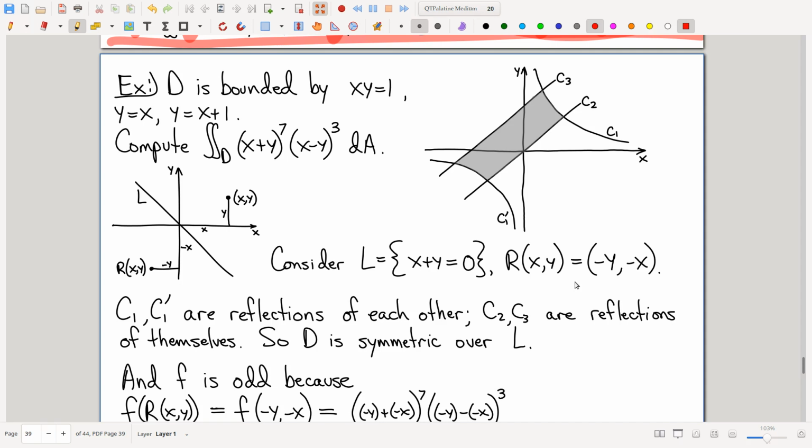On the calendar, the color coding tells you what is fair game. You're going to notice that 5.5's first two parts, namely change of variables and coordinate system integrals, are going to be fair game for the exam. The symmetry stuff will not be fair game for Exam 2. Of course, it'll be fair game for Exam 3.